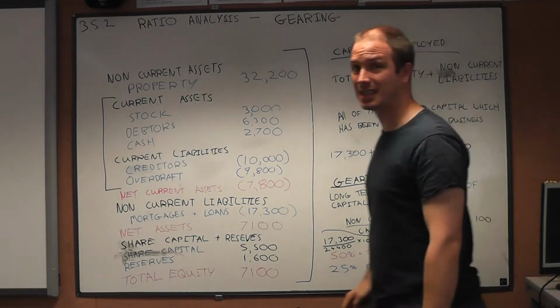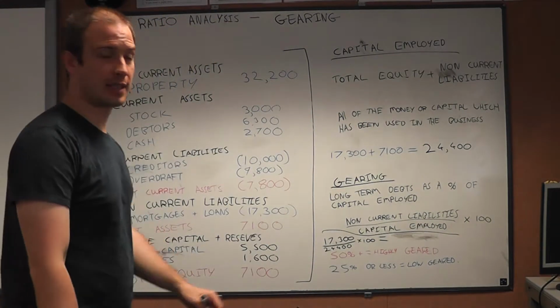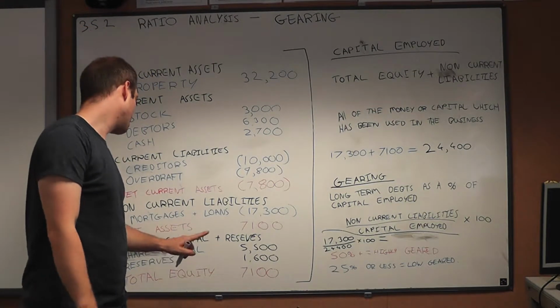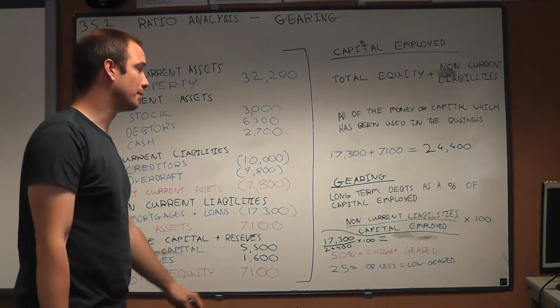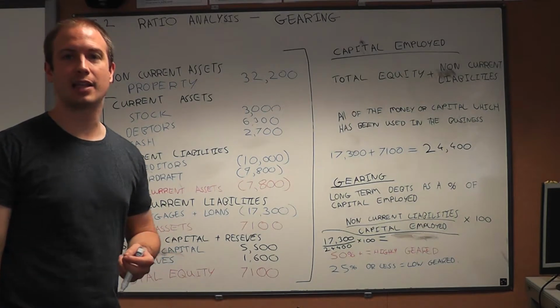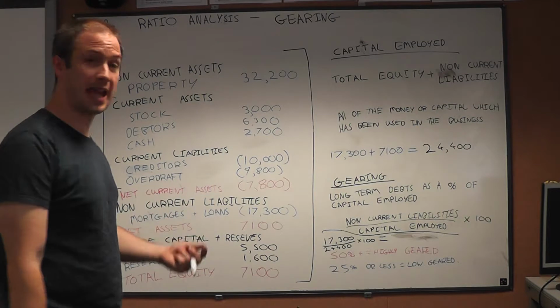So that's the business's capital employed, all of the money that has been used by the business in order to function, both from its reserves, from its share capital, and its long-term debts. Now that we've got this, we can use this number to help us calculate what percentage of the business is funded by long-term debts.